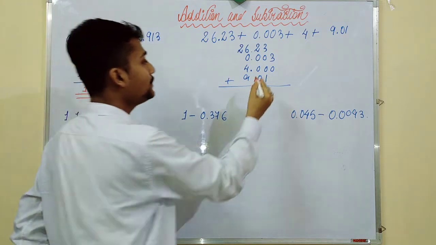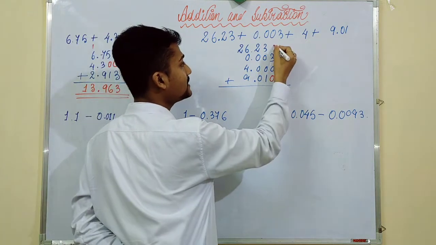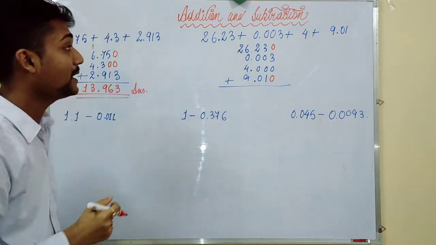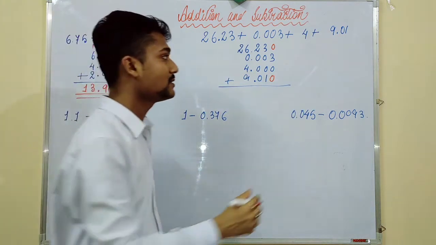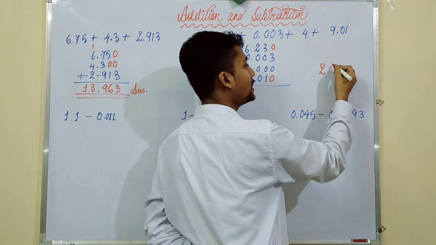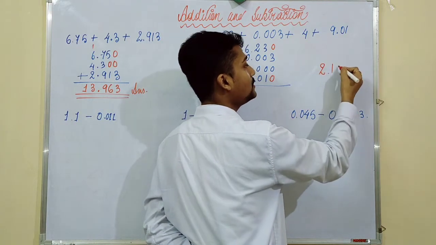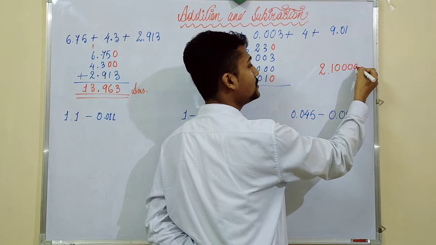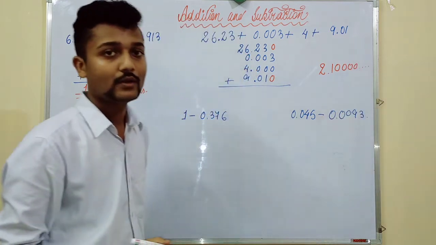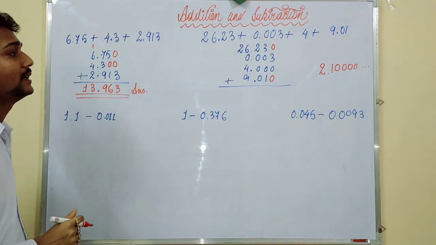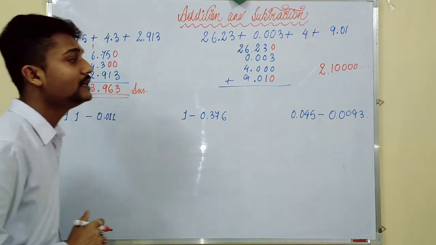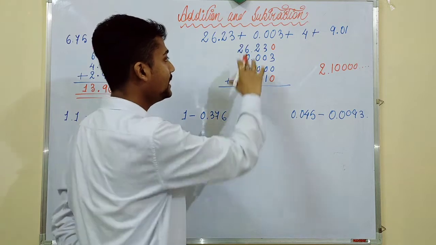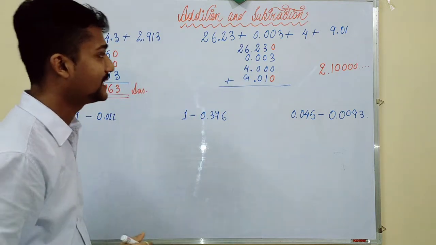Here I have already put 0, so the rest of the vacant part I can just fill with 0. The zeros are put because, say, 2.1 is also equal to 2.1000, it will go endlessly and it will not change the meaning of the question. So here I have put zeros, now I am going to add them.